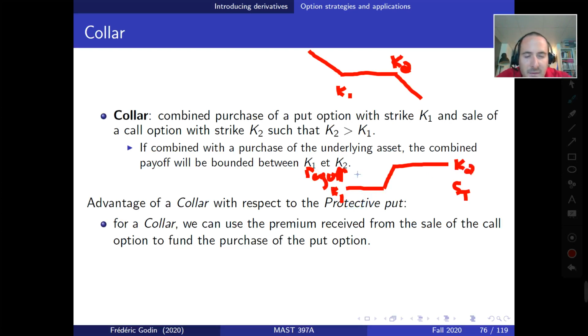So this is the payoff, not of the collar, but the payoff of the collar plus the underlying asset.